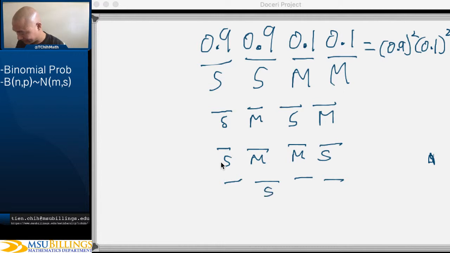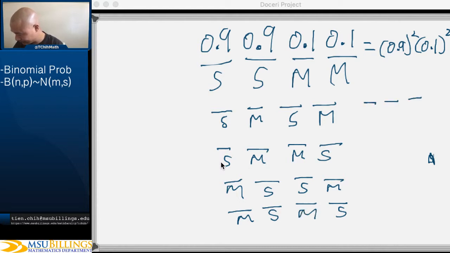Maybe she makes the second shot and the third shot. Maybe she makes the second and the last shot. And then maybe she makes the last two shots, misses the first two. All right.